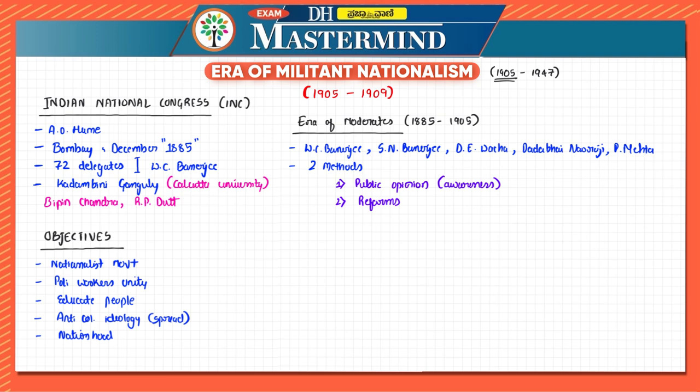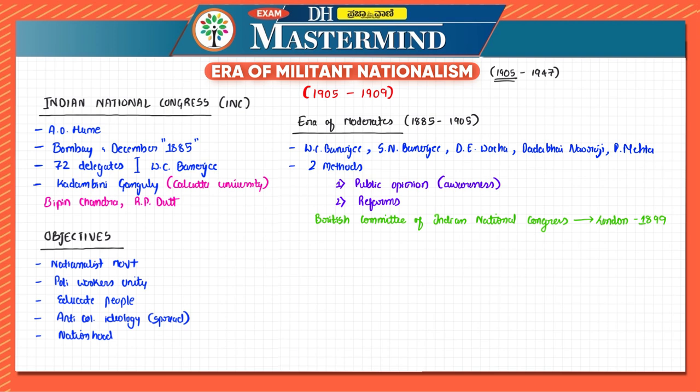Now it was not just in India that they were trying to bring reforms. You also have to remember that they had formed the British Committee of the Indian National Congress. It was established in London, very, very important, in 1899. So the Indian National Congress was formed in 1885, whereas the British Committee was established in London in 1899.